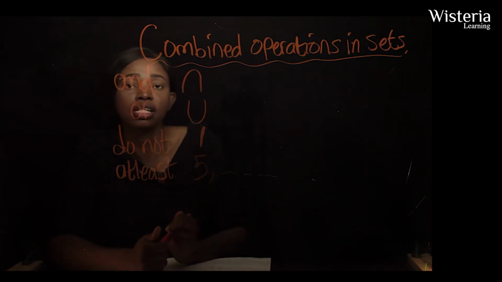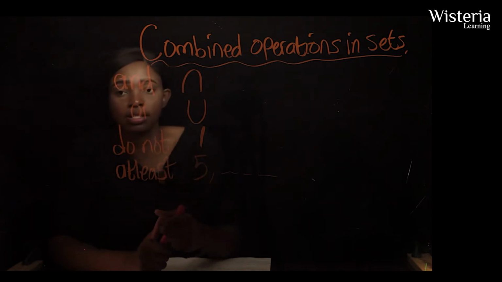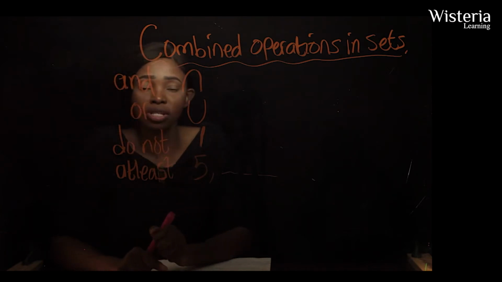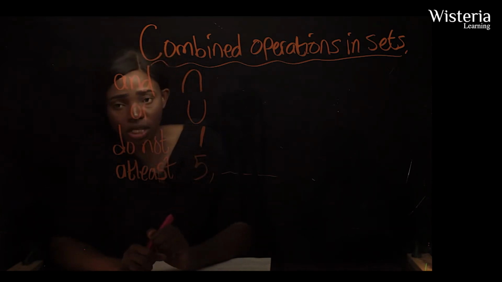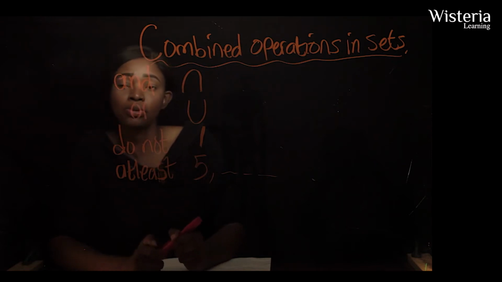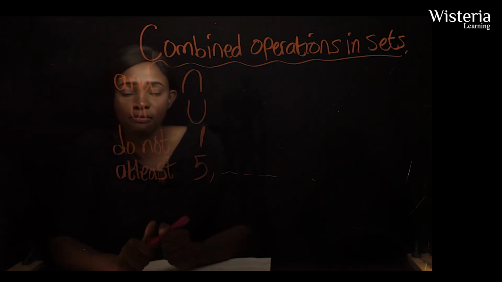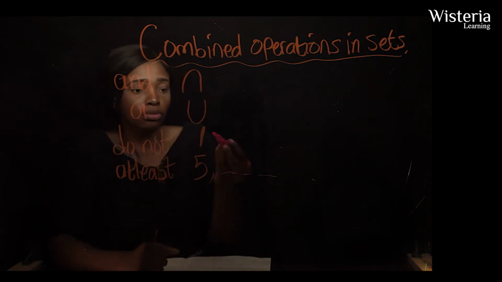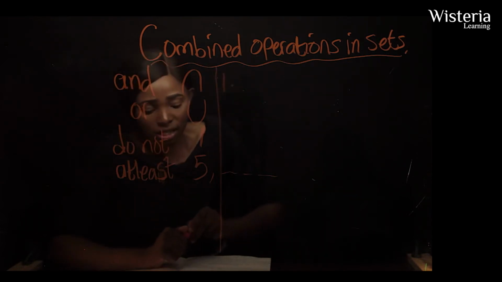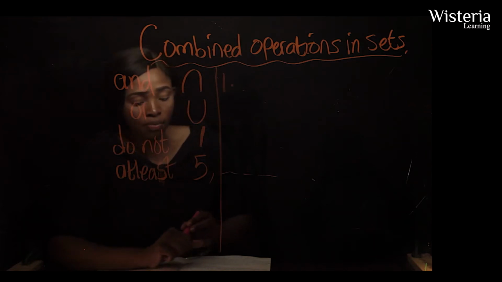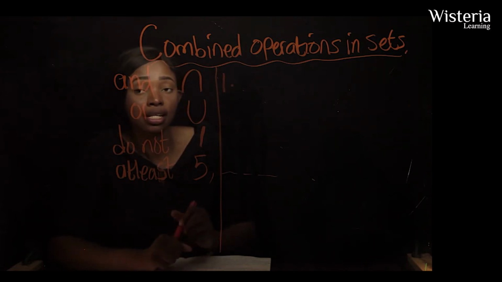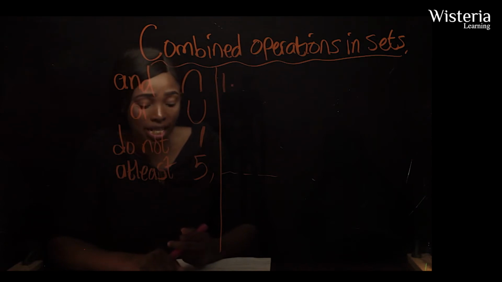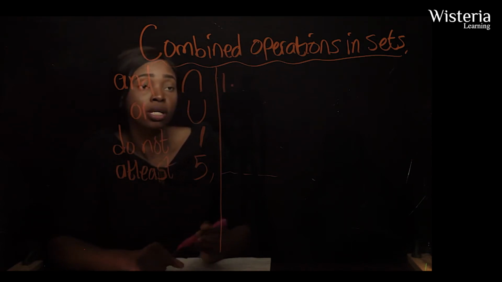So we should take note of the words that are going to be used in these wordy questions. That will help us to illustrate the correct information on a Venn diagram. For example, we're given that in a grade 10 class of 40 pupils.